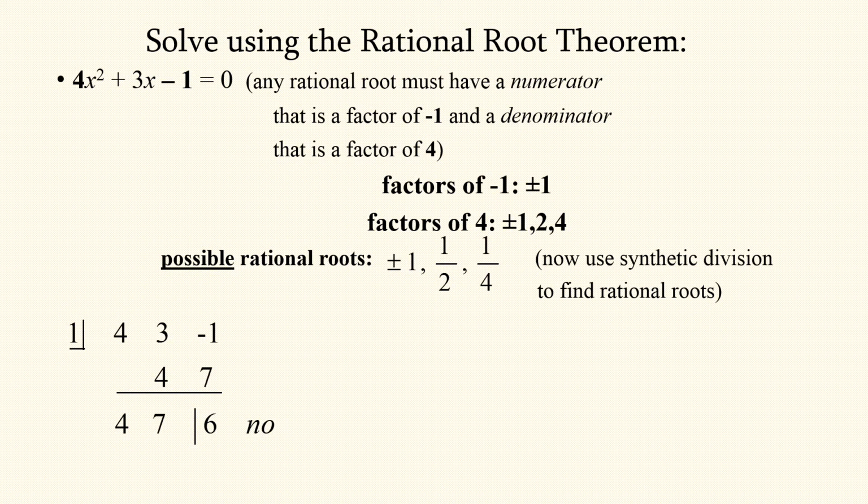So, isusulat lang natin siya ulit na ganito. Then, yung ating mga coefficient dito ay isusulat natin siya ng ganito. So, we have here the positive 4, positive 3, and -1. Then, after that, i-bring down muna natin yung ating 4.